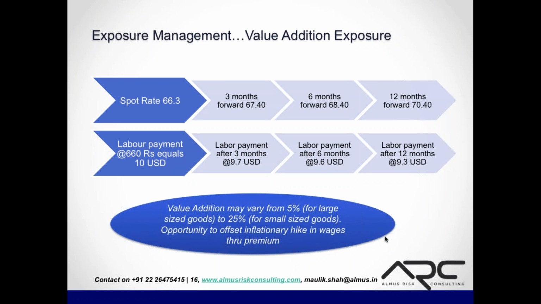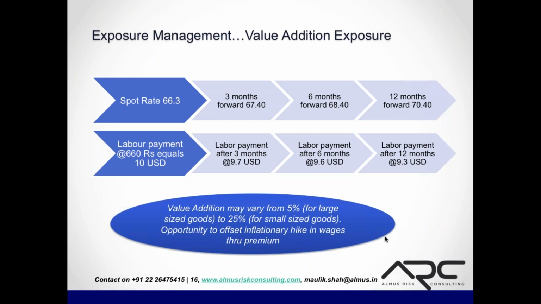So this is an element of exposure that needs management, and it needs to be integrated with your own product pricing to really come to a level where you know very clearly as you begin your year that this year my entire conversion is going to happen at, say, an average rate of 68 or 69, and it could be different for different months. That clarity will enable you to have much better visibility about how this year is looking.